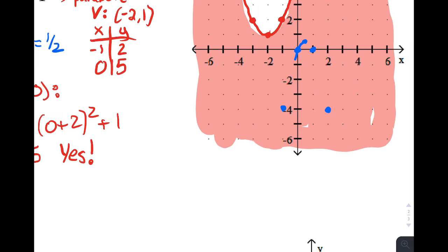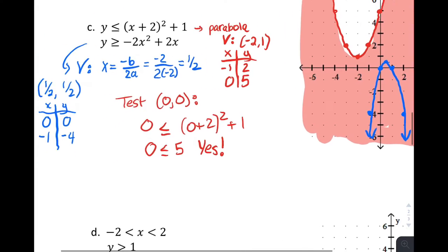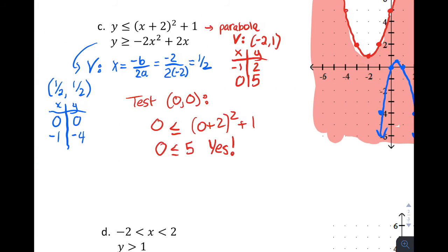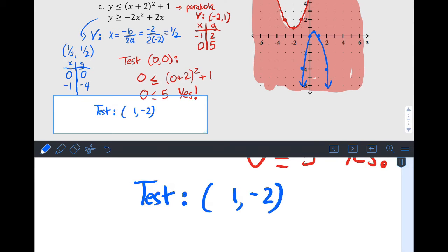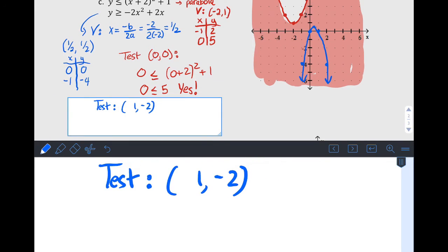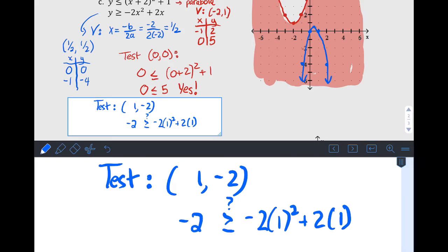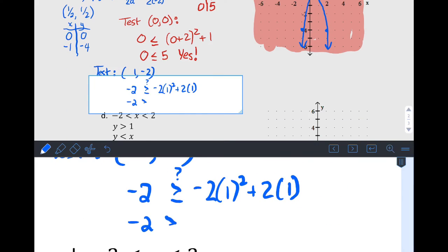And then if you test points once more, I can't do 0, 0, so let's pick another point instead. How about 1, -2? I can tell that that would be inside my parabola, so let's see if it works. I'm going to get a statement that is not true, because -2 is not greater than or equal to 0.